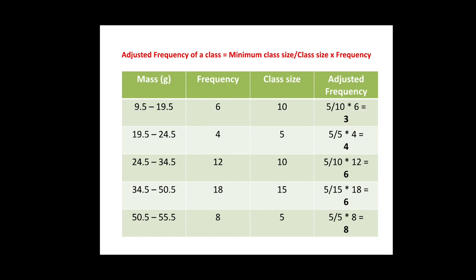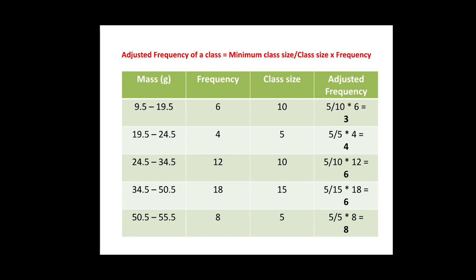Now we need to adjust the frequencies. For that purpose, let us add another column to the previous table where we mention the class size, as given in the third column of the current table. Here we can see the non-uniform class size. We can also see that the minimum class size is 5.